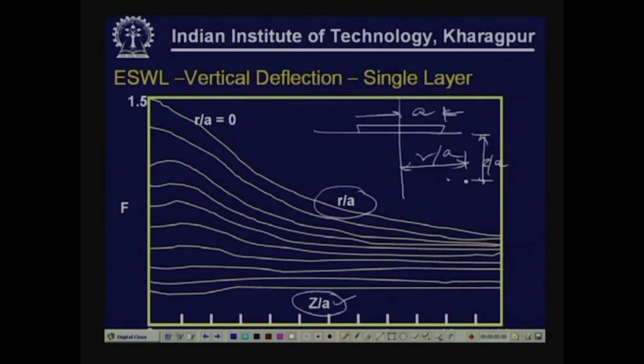So if we know the location, we know r and z, expressed as r by a and z by a, then for a given z by a and r by a, we can get the corresponding F value. Once we get the F value, we can substitute this in the previous expression. If we know the modulus value of this material, if we know P, the pressure, and a, we can calculate the deflection.